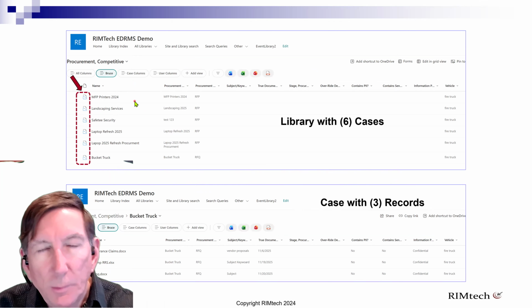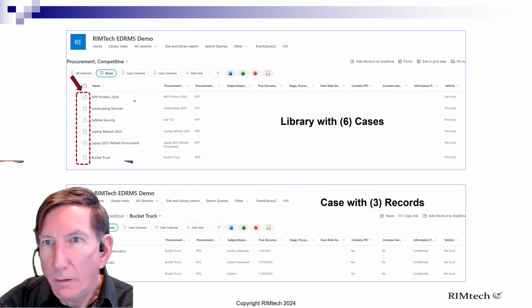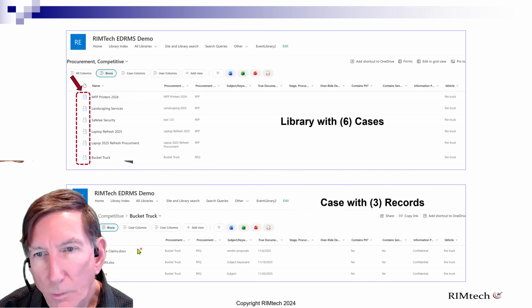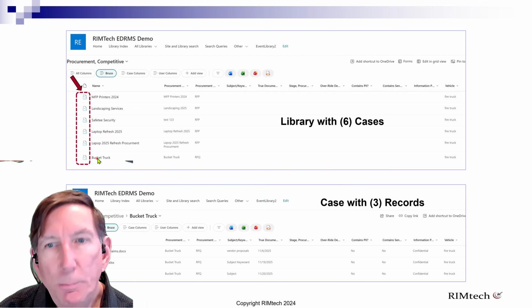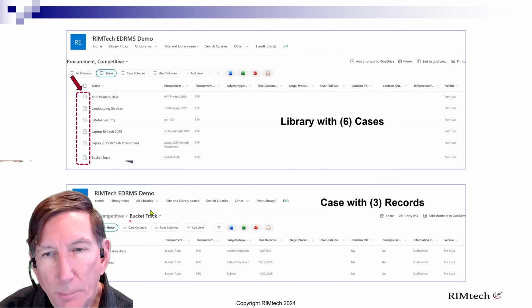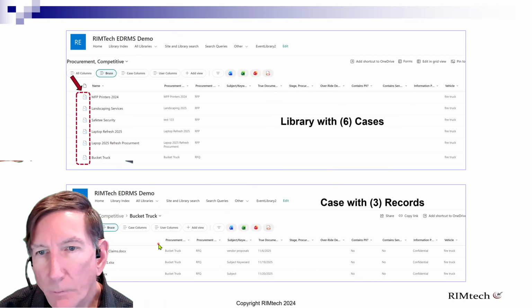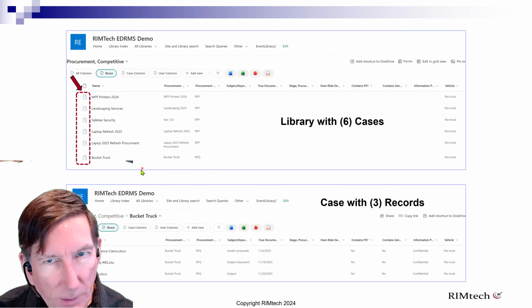Because each competitive procurement is quite an adventure, an RFP. Down below, we drill down into one of them called a bucket truck. That was a particular adventure, and in it we have 3 documents. So that's what it looks like on the screen.